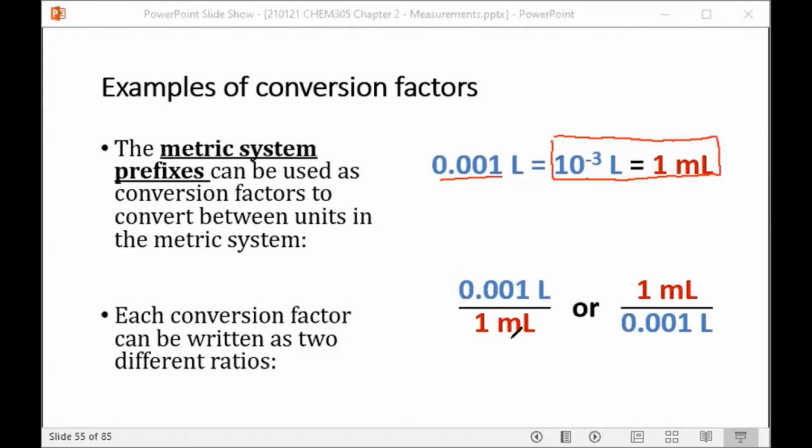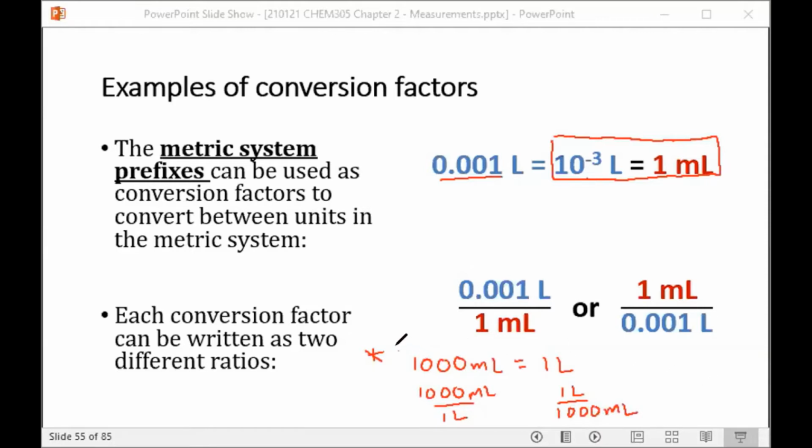Just a note on this conversion factor, I like to always point out that this is also commonly written as 1,000 milliliters equals 1 liter, so that your ratios are 1,000 milliliters per liter, or in 1 liter, there's 1,000 milliliters.